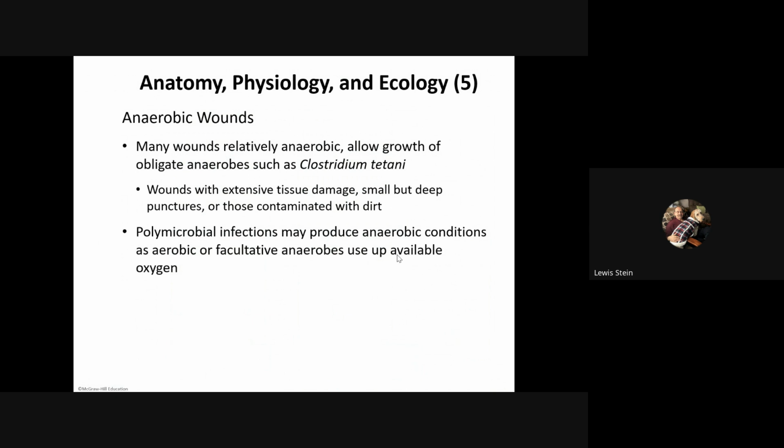If it loses its blood supply, it becomes anaerobic. If it becomes necrotic, turns black, like that case of frostbite, or when you see something we were going to talk about called dry gangrene, that's all part of it. That's effectively what happened in that frostbite patient. All of those, unfortunately, are breeding grounds for this.